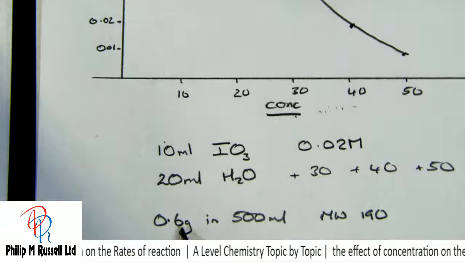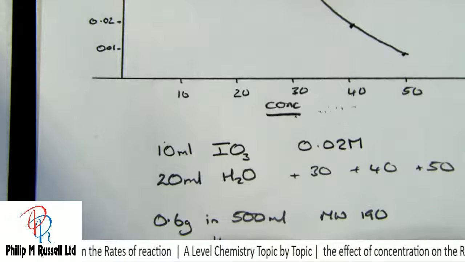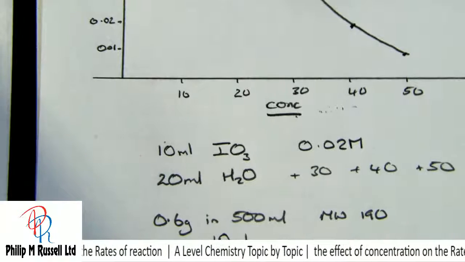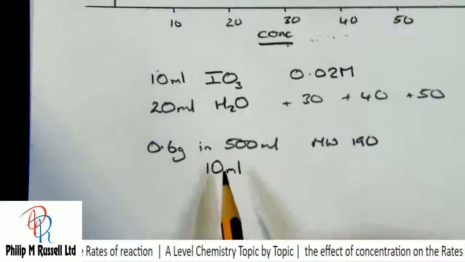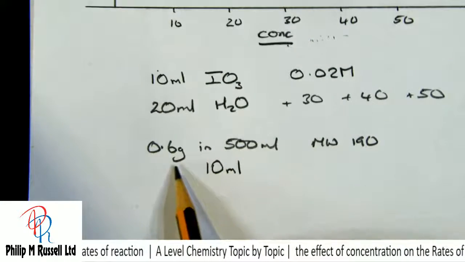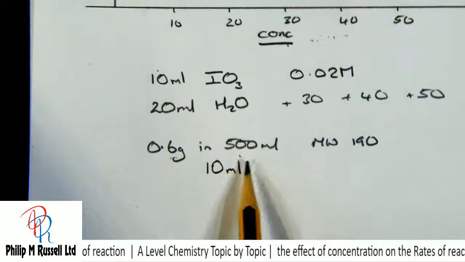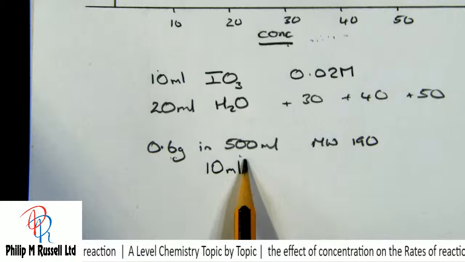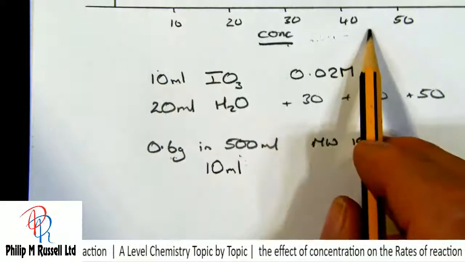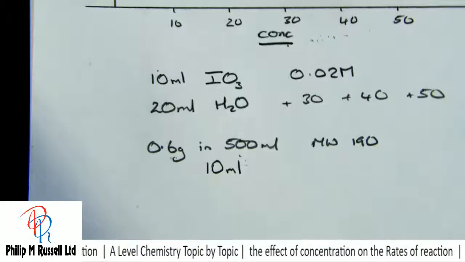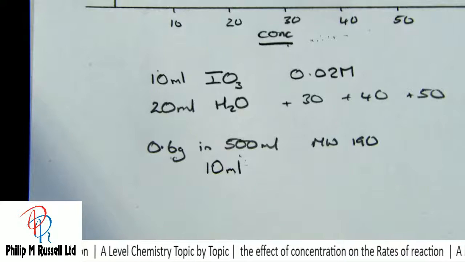And you can work out that we put in 10 mils of that, and so with this information you should be able to work out the concentration of the metabisulphate, and you can replace those values there and you can see if you get a better graph.